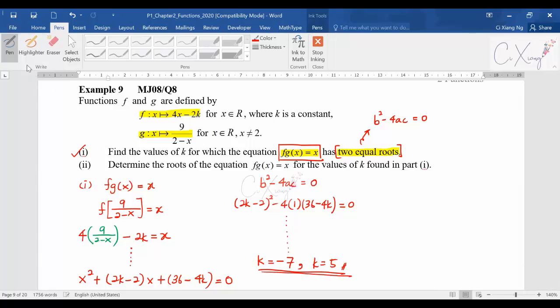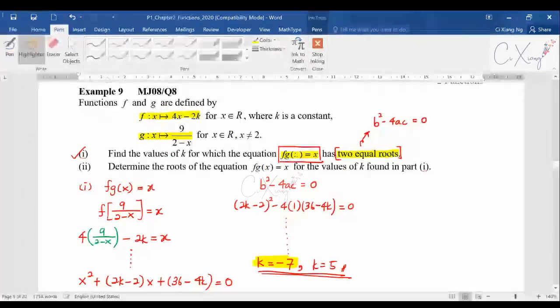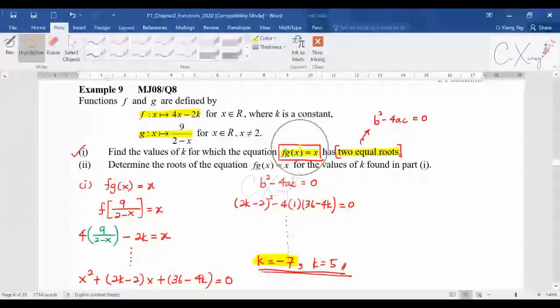That means there should be two values for k. If your k has this value, then when you solve this quadratic, this composite function, you'll get two equal roots. That means the value of x is the same. Similar thing happens for k equals 5. Alright? Okay, so this is what we have for part 1.